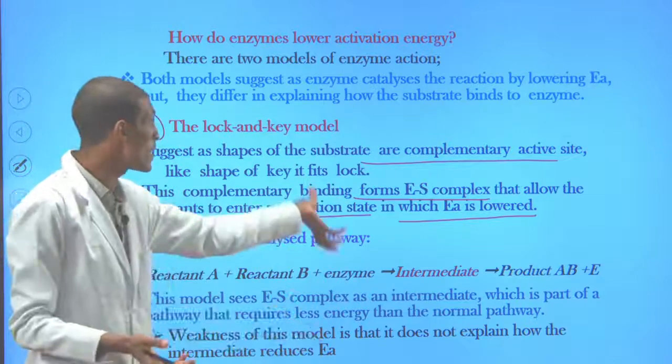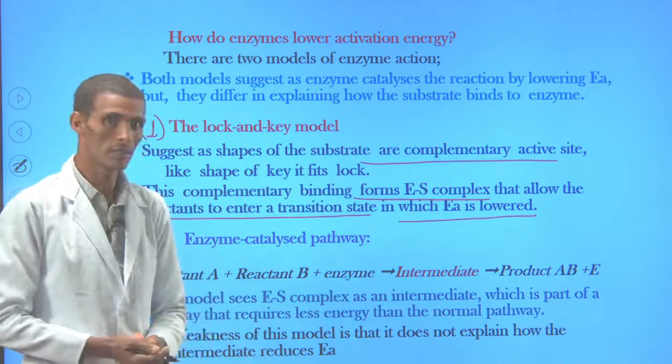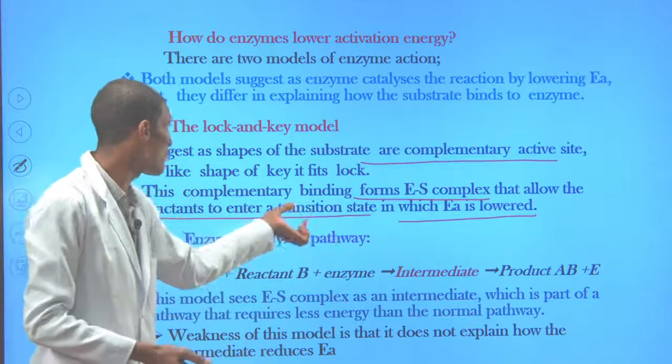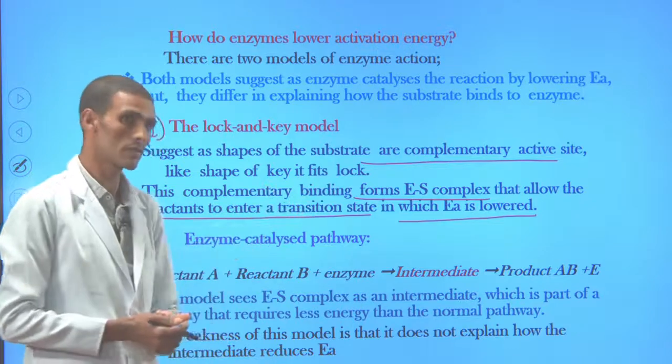Simply, complementary substrate active site binding lowers activation energy. They simply allow the reactant to jump the activation energy hill or transition state.